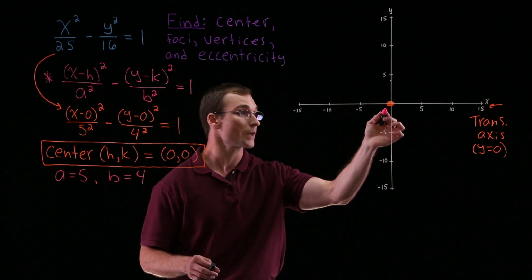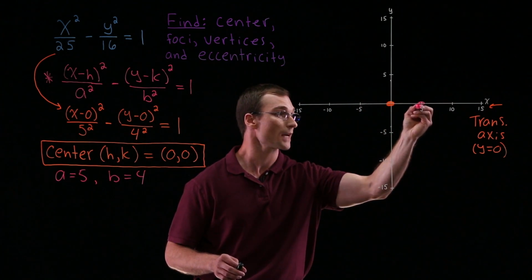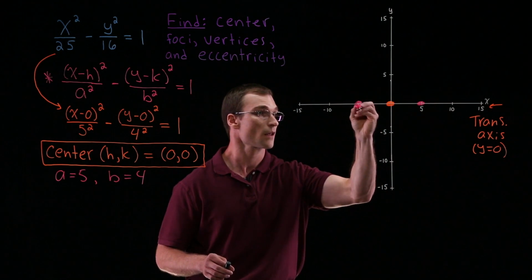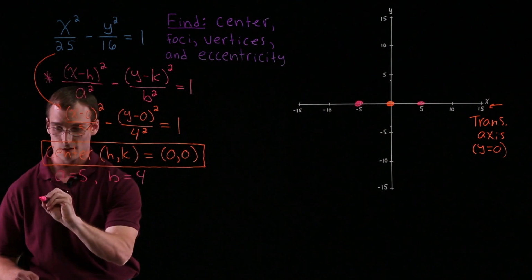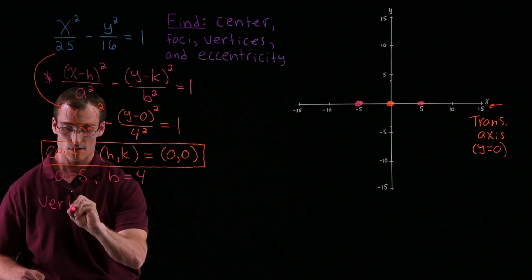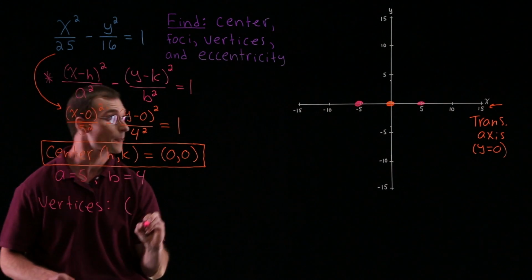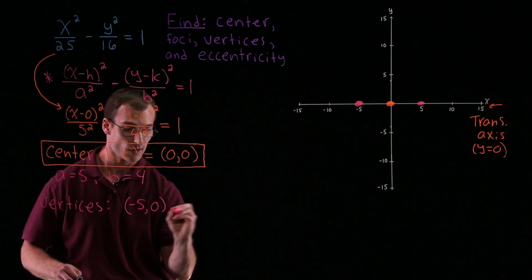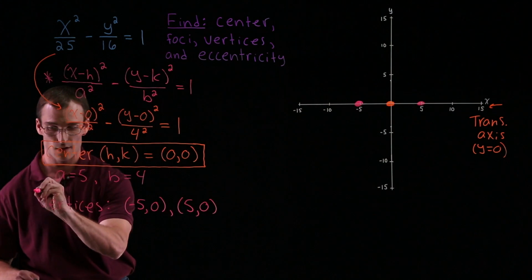So from the center, going 5 in each direction along the transverse axis gives us our two vertices, at (-5, 0) and (5, 0).